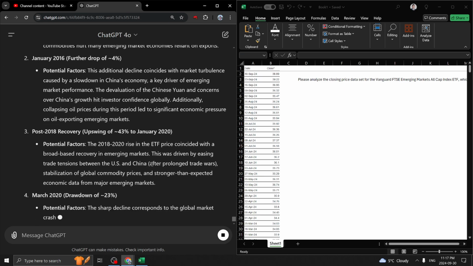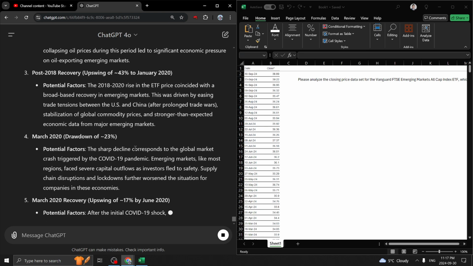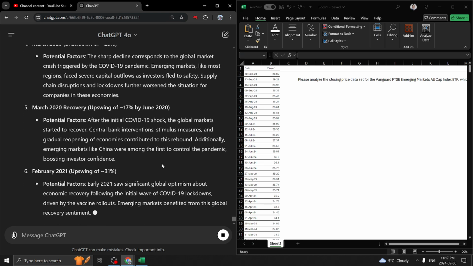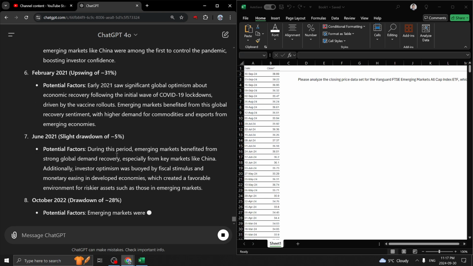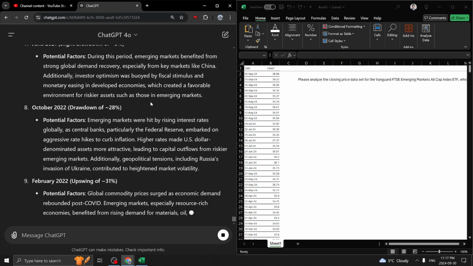Okay, this is decent. I think before I tried to do this exact same thing, but I just gave it price data with no context. But this is awesome. I don't know if this has predictive ability though.